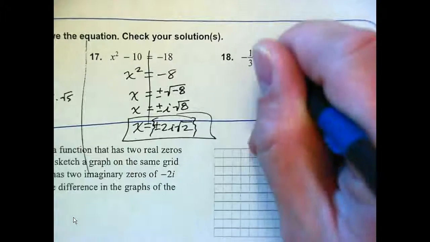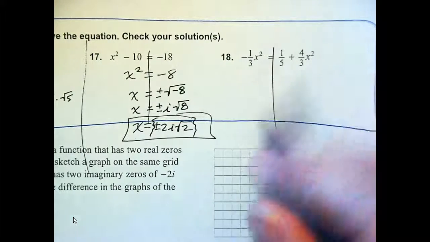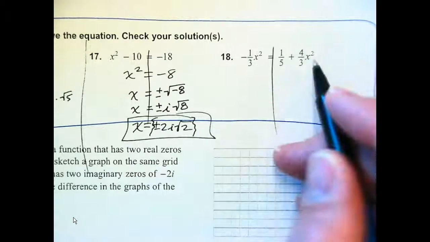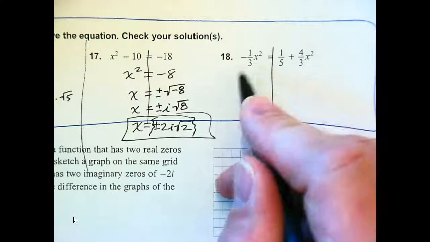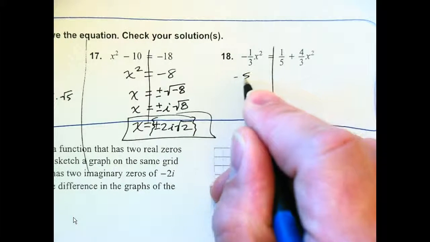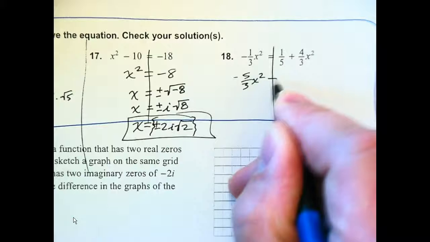And the last but not least, number 18, and one of the ones I messed up on earlier, at least I had the wrong answer on my key. 4/3 we added over. It's a fraction, right? Subtract 4/3, that gives me negative 5/3. x squared equals 1/5.